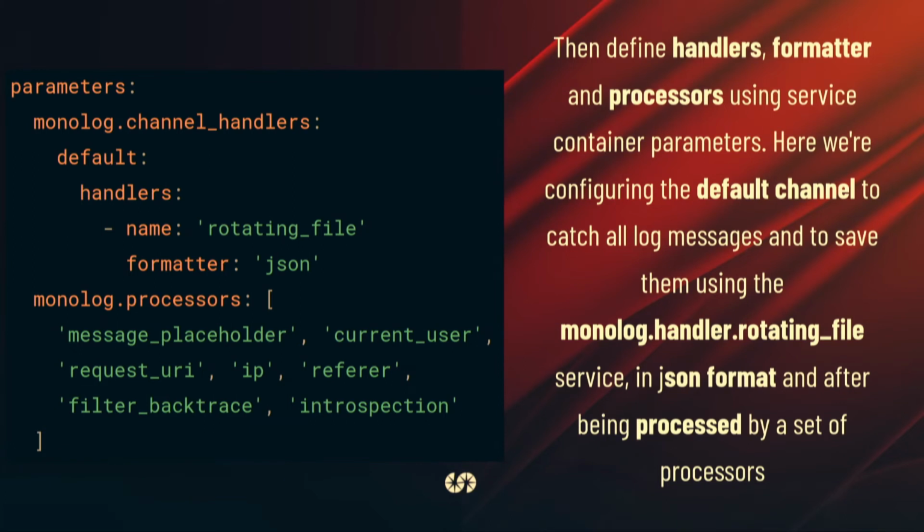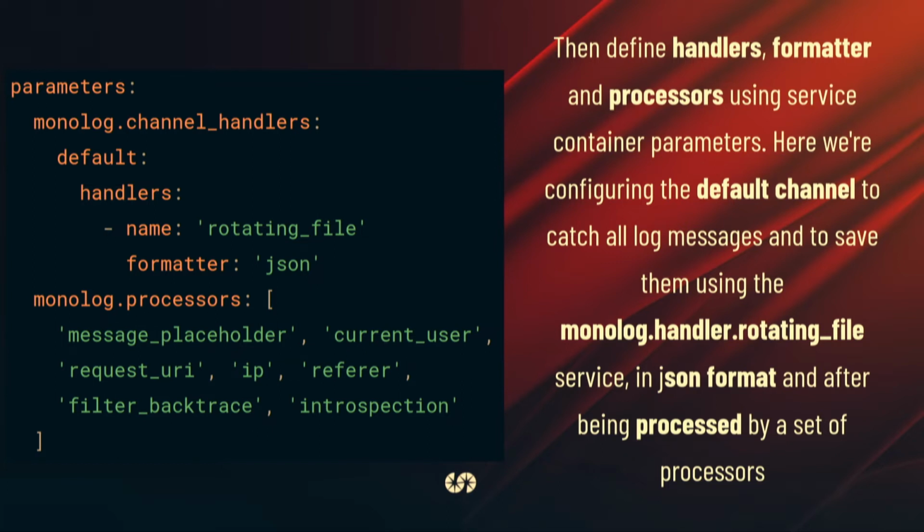Then, using parameters in the same YAML file, we will define handlers, formatters, and processors that are used to configure Monolog. In this case, we are creating a channel for the default messages, so we are collecting every log message from Drupal.